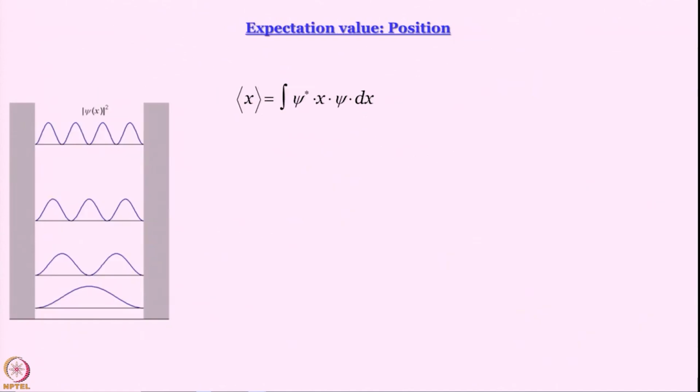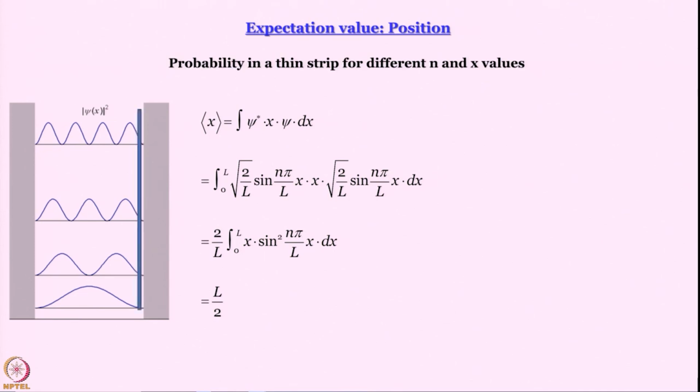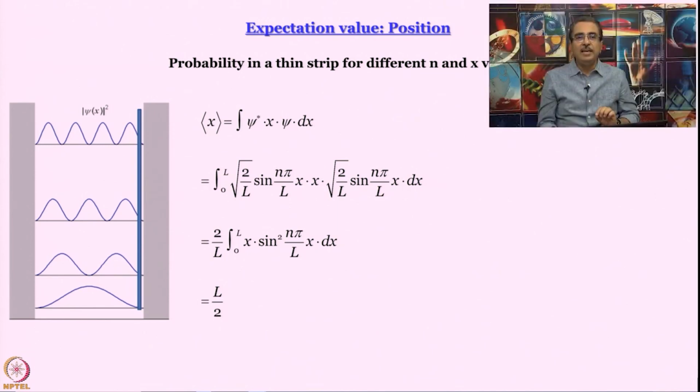Okay? You can calculate the expectation value of position, and you can calculate the expectation value of momentum here. One thing that you can do, and this should be a part of our tutorial, is to find out the expectation value in different positions.